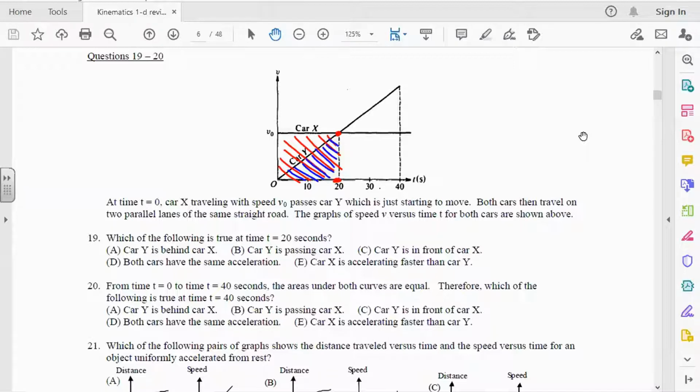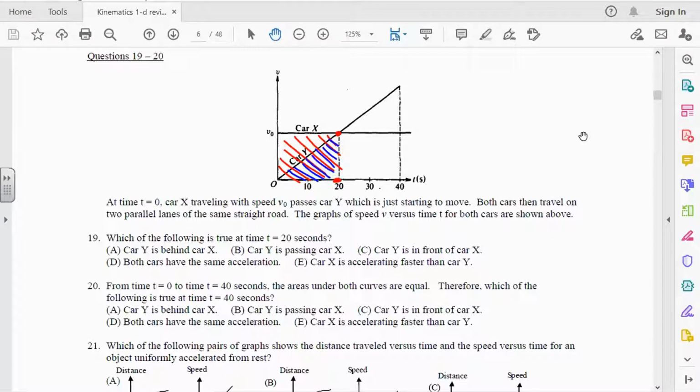The slope of car X is 0, the slope of car Y is some positive value, so they don't have the same acceleration. Car X is accelerating faster than car Y? Well, car X doesn't have an acceleration. Its acceleration is 0 with its 0 slope. So no, car Y is accelerating faster. In fact car Y is behind car X, as we proved by looking at the areas.